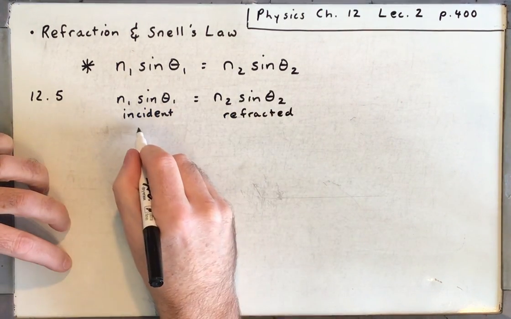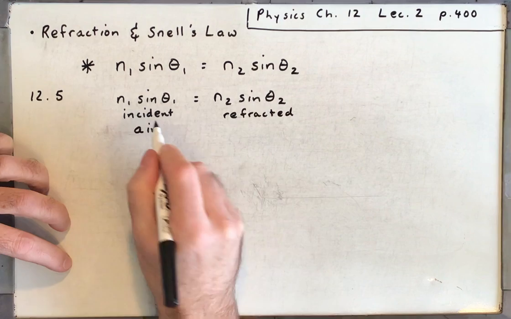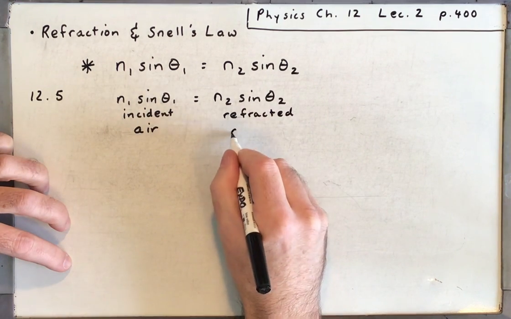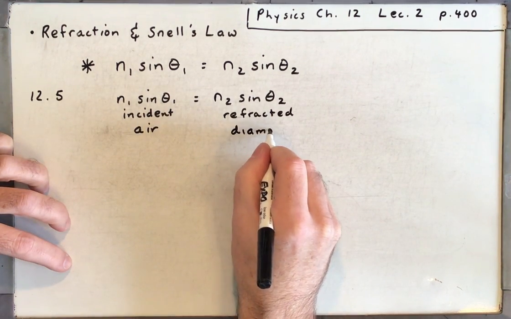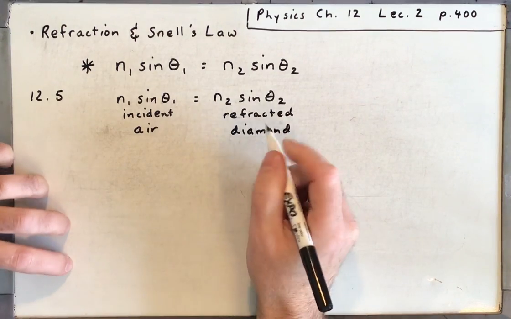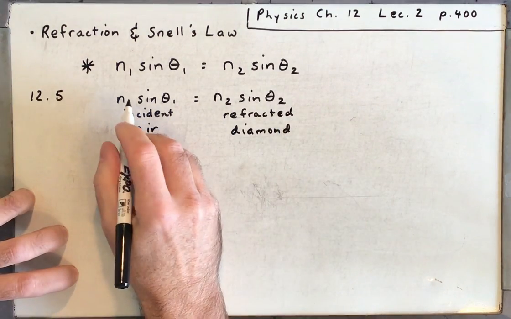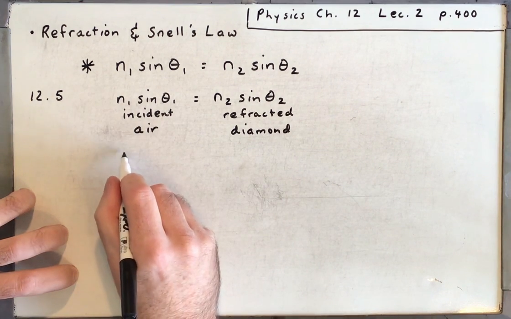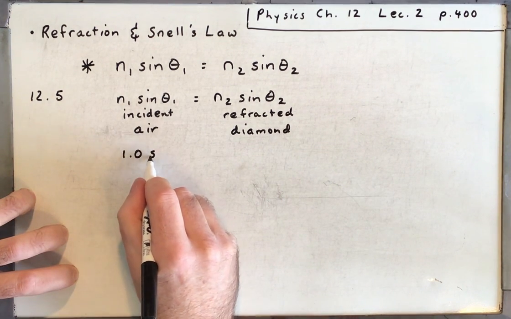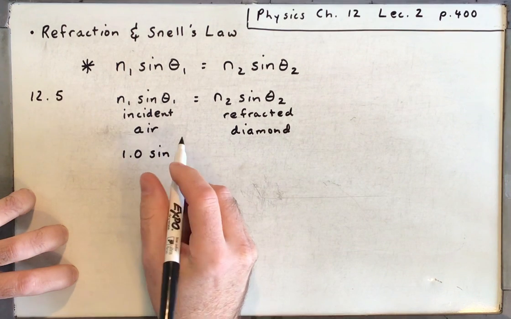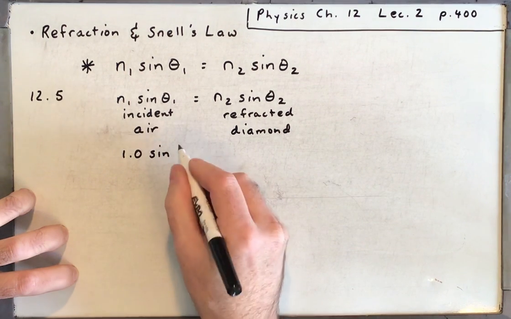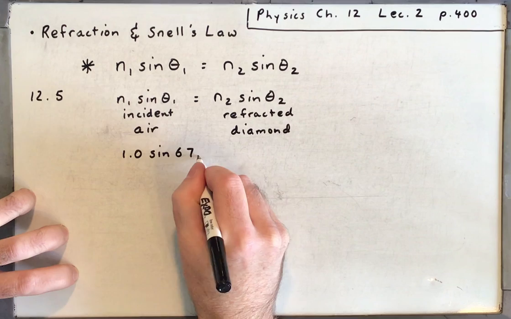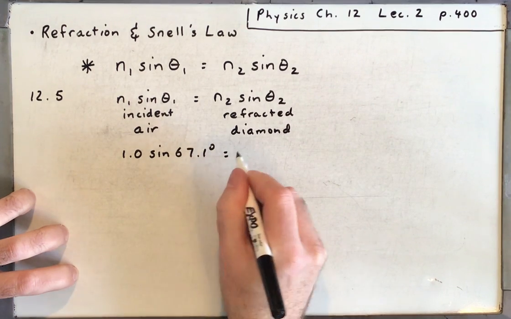So we start out in air, and we end up in diamond. If we start out in air, n for air we know is 1.0. The angle of incidence, the problem says, is 67.1 degrees.